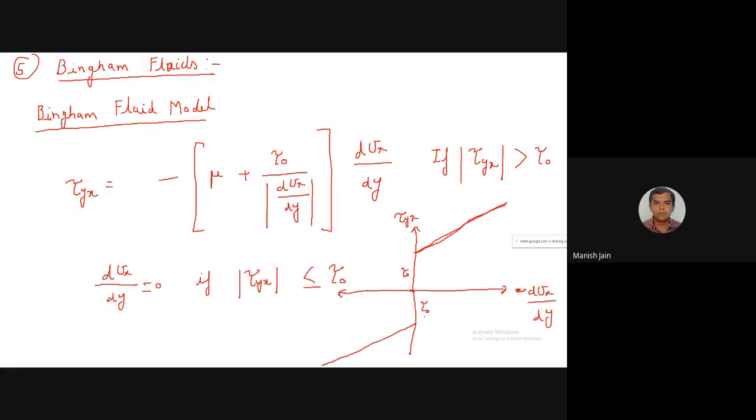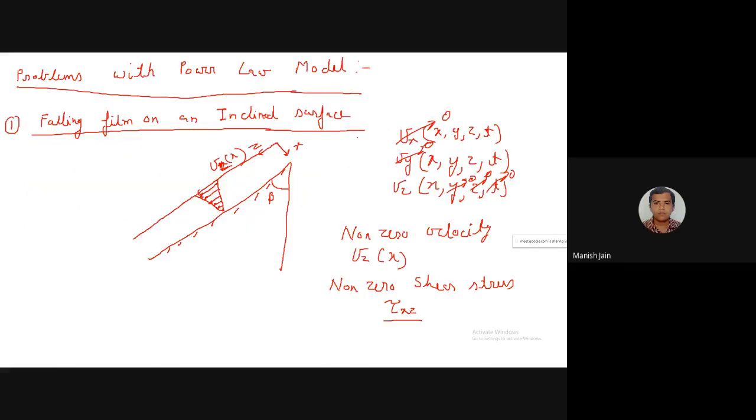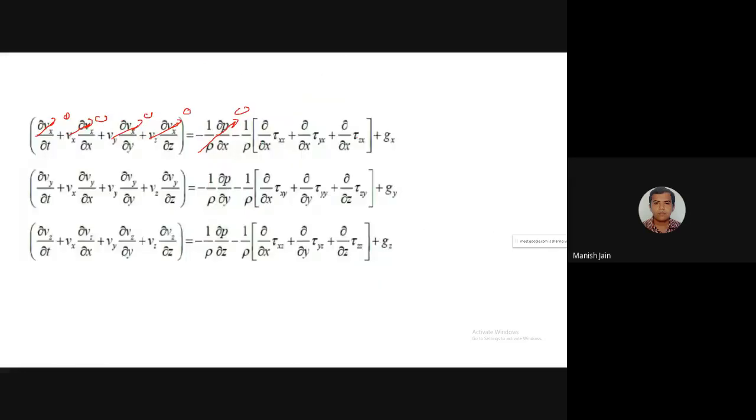Okay, now come to this equation of motion. Which terms are zero? Vx is not present, so all the Vx terms will be zero. Pressure is again not changing in any direction, so this will be zero. Now come to tau xx, tau yx, tau zx. Here tau xz is not zero, but tau zx is zero, so these three terms will be zero.